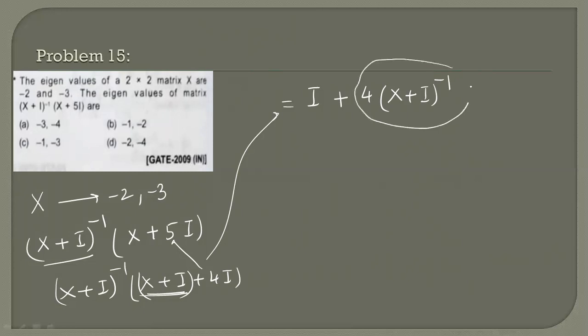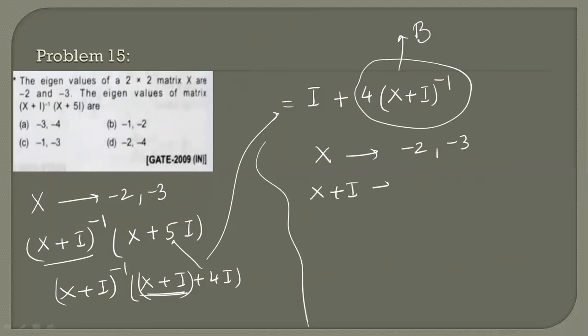Call it matrix B. What will be the eigenvalues of B? Very interesting here. You know the eigenvalues of X are -2, -3. We are interested first in the eigenvalues of 4 times (X + I) inverse. The eigenvalues of X + I will be -1, -2 if you add the identity matrix.